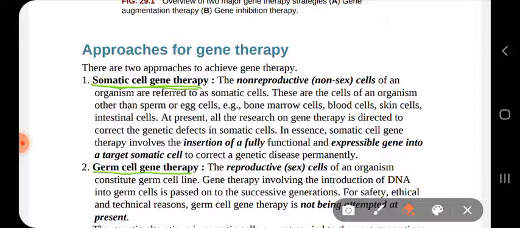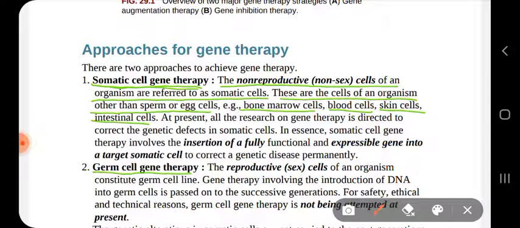The non-reproductive or non-sex cells of an organism are called somatic cells, and these are the cells of an organism other than sperm or egg cells. You all know from your junior classes that somatic cells are the normal cells other than the sex cells, like bone marrow cells, blood cells, skin cells, intestinal cells.